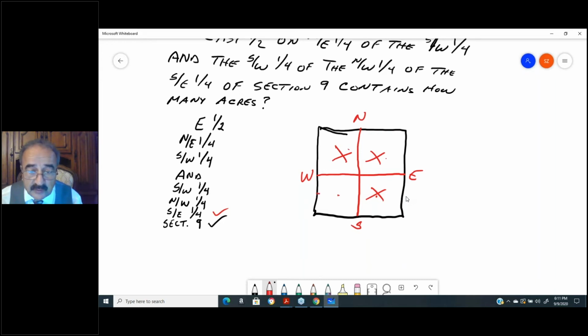So I'm going to quarter this again. Draw my compass points. I want the northwest. Wait a second. This is going to work out. You know what? I messed up. I'm teaching this thing and I messed up.